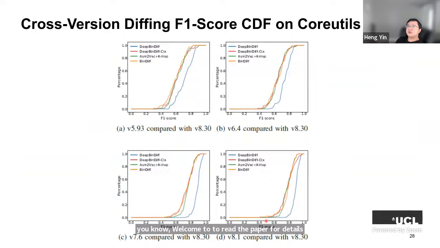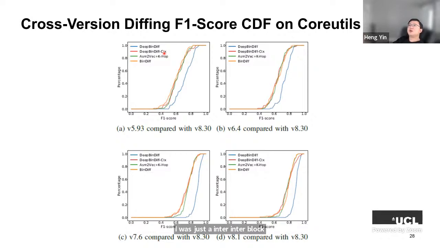So I'd like to share some results here. As you can see, we compared DeepBinDiff with BinDiff, and also some other variants. For instance, DeepBinDiff minus context. Essentially, we're not going to use the deep walk algorithm, just some simple text learning algorithm, just the intra-block embedding features.